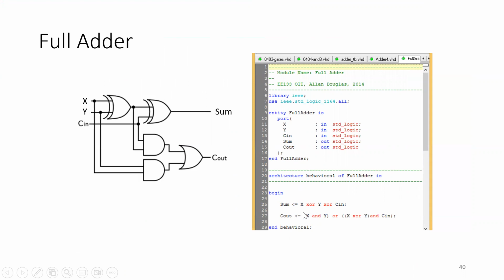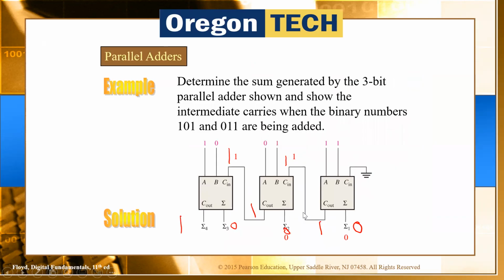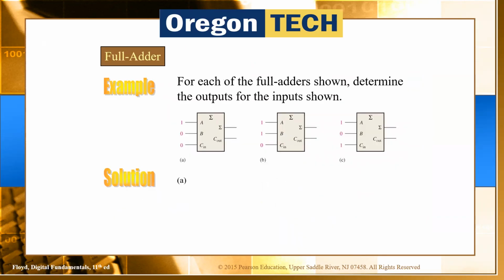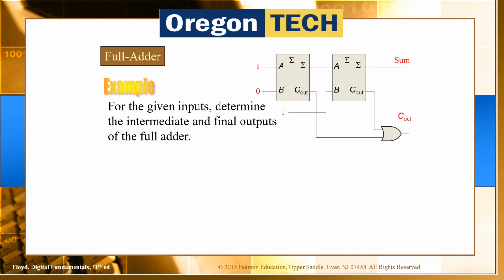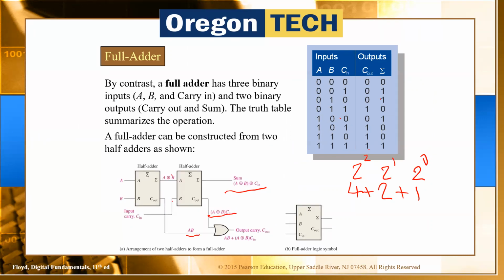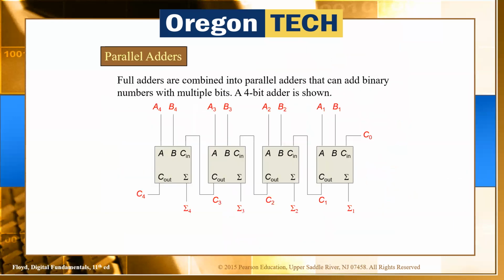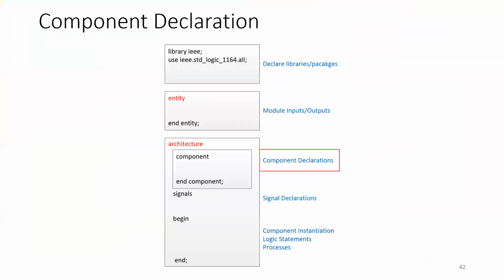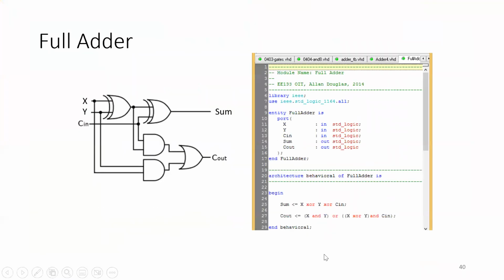Now, what is C out? C out, according to the circuit, it is A and B, or A exclusive or B, ANDed with Cn. As you can see it in here.